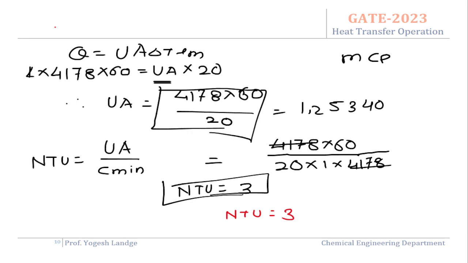By this way we can easily solve. I did not calculate those values just because I want to cancel them in that way. Otherwise, I would need a calculator and extra time. Instead, we can save time by doing it this way. So this is the way that we can get the value of NTU, which is 3. So the answer is 3 in this situation. Thank you very much.